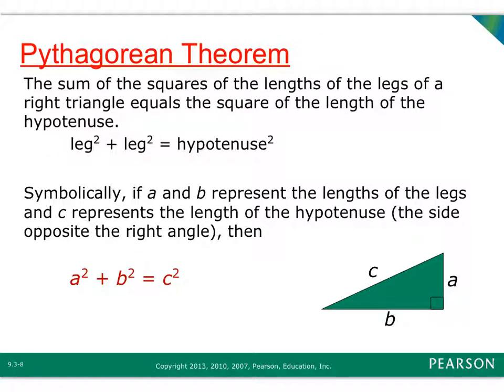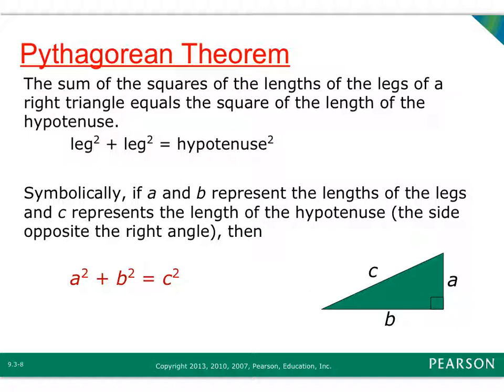One of the most important theorems in mathematics is called the Pythagorean theorem. The Pythagorean theorem is the sum of the squares of the lengths of the legs of a right triangle equals the square of the length of the hypotenuse. So we have the leg squared plus another leg squared is equal to the hypotenuse squared.